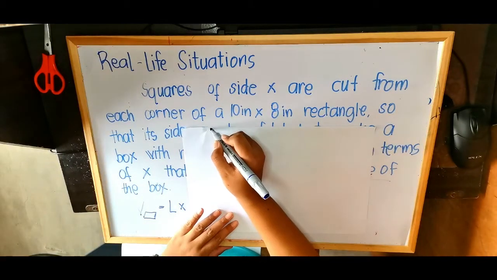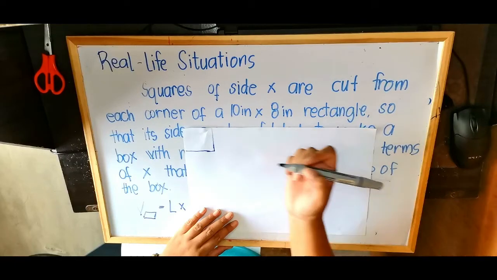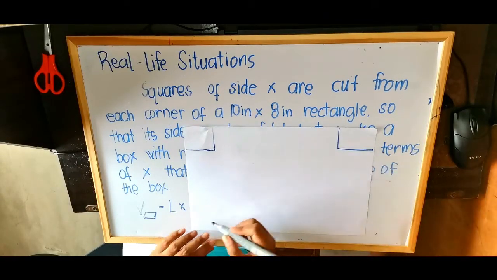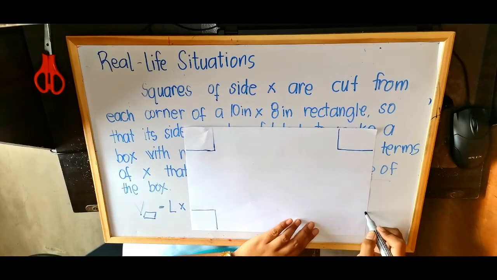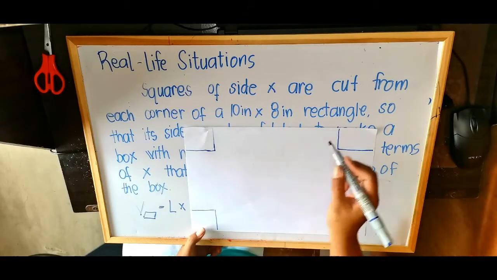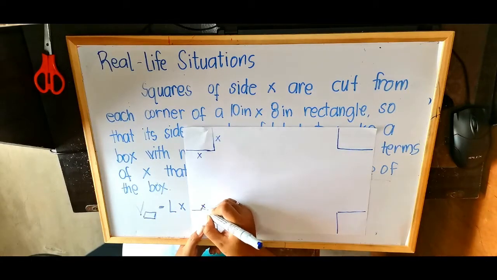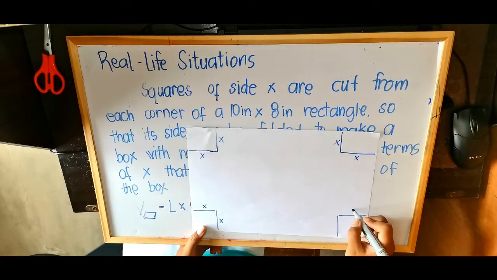So, we have to cut a square on each corner of the rectangle. So, ito daw yung ikakat natin. Imagine that is a square. So, yung measurement daw nung ikakat natin is x. So, ang measurement nito ay x units.